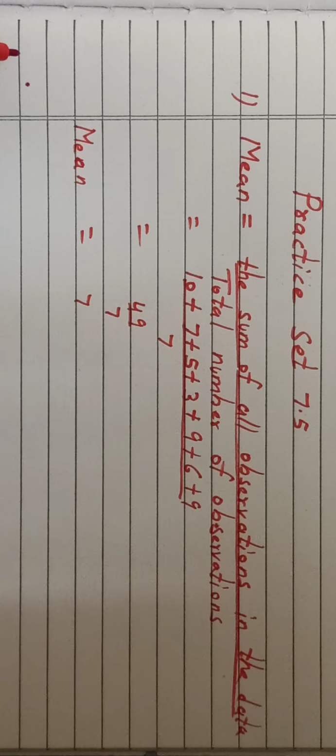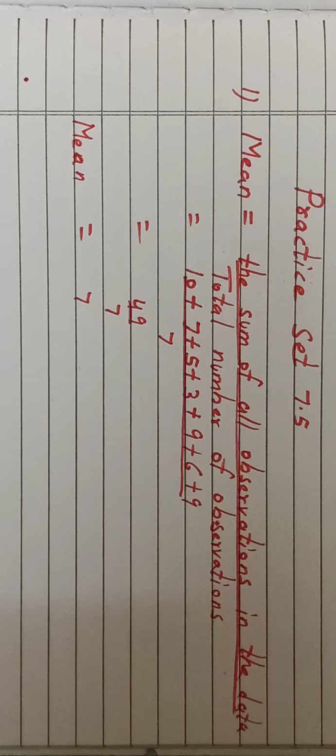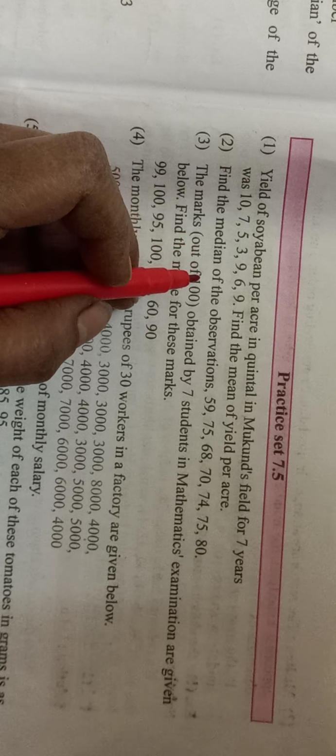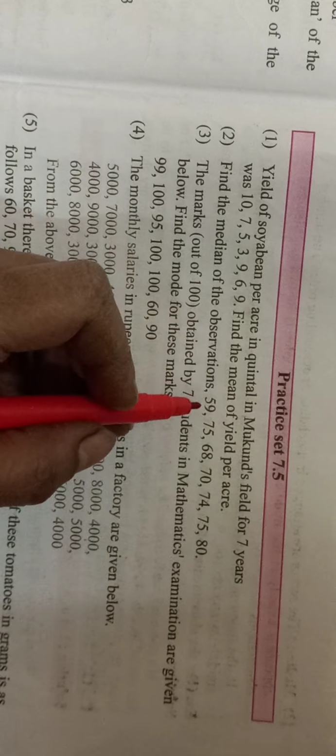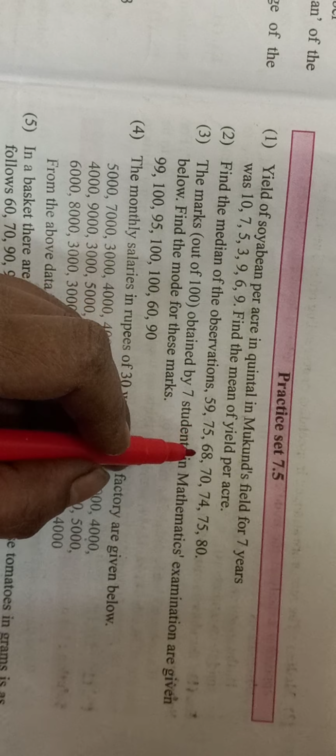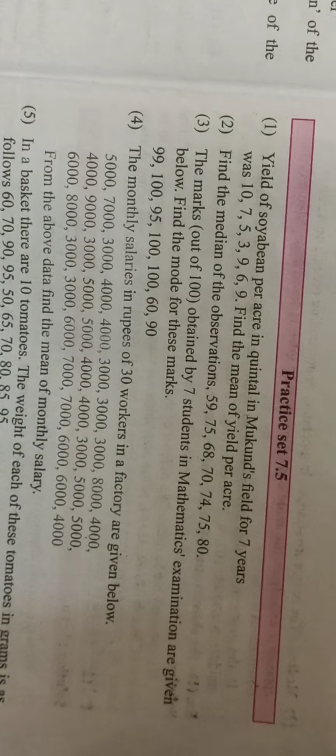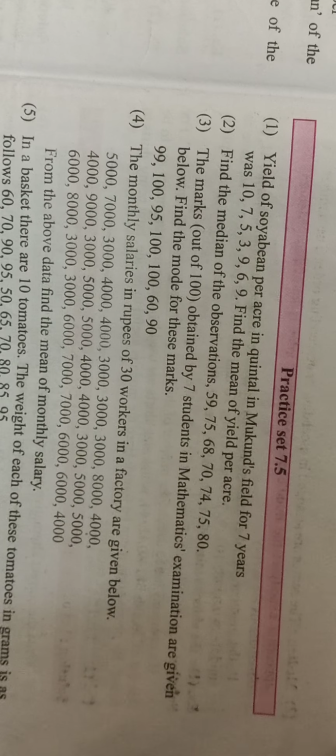Now for the second example, see here what you have to do. Question number two is: find the median of the observations 59, 75, 68, 70, 74, 75, 80. To find the median, what are you supposed to do?